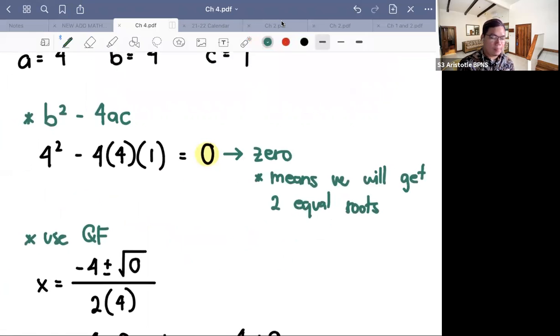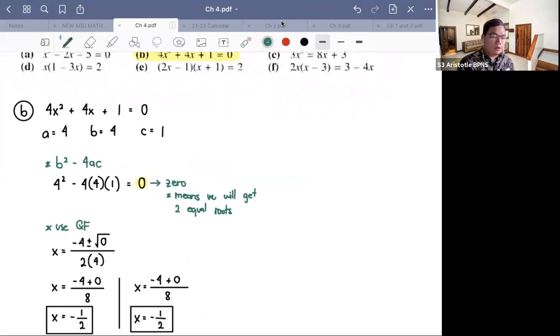Now once you're here, of course, that means that we have answers, so we need to use the quadratic formula for that. So here's the quadratic formula. It's negative b, right? So it is negative of 4, and then plus minus the square root of 0, and then over 2 times a, or 2 times 4.